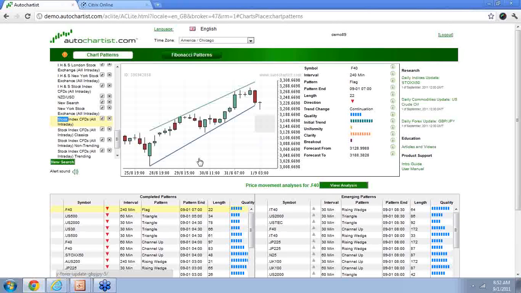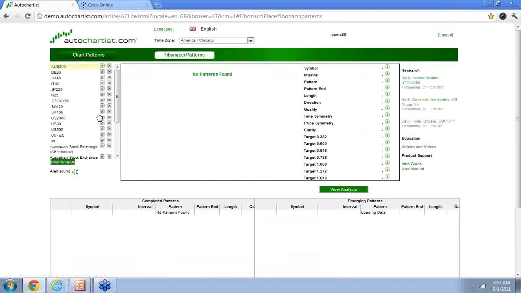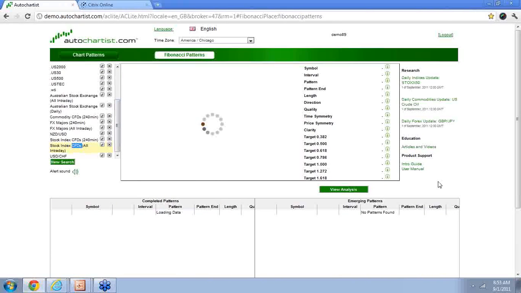Other traders, especially if you use the MT4 platform plugin for Auto Chartist, they may say, I'd like from this low to this high, I think this market can retrace 50% or 618. So you have a different way to do that. If you used Auto Chartist Fibonacci patterns, for example, for the stock indices here, let's look at a pattern here.